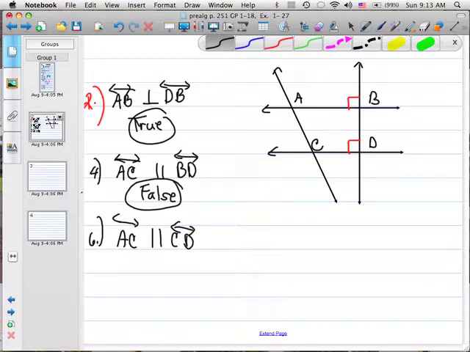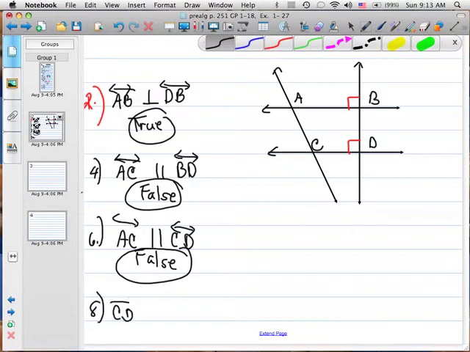Here's AC, here's CD, definitely not parallel. They cross each other, so that's false. And problem number 8, line CD is perpendicular to line BD. Here's CD, here's BD, they form right angles, so that's true.